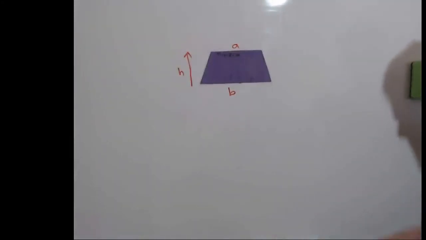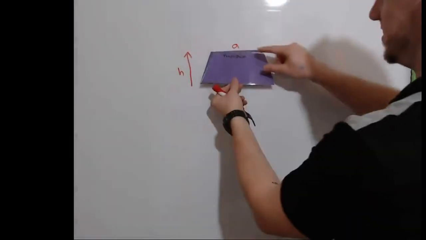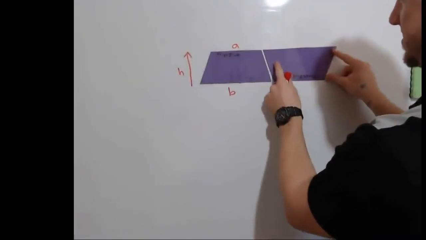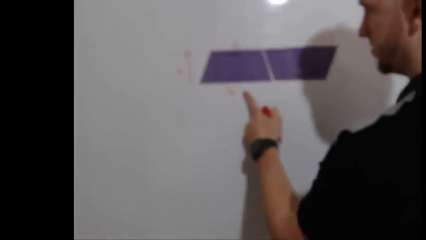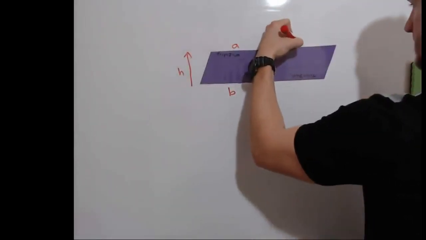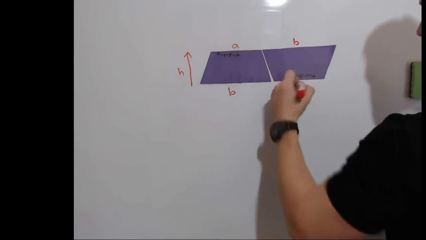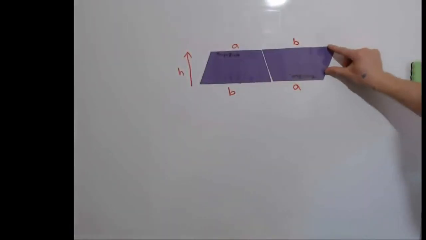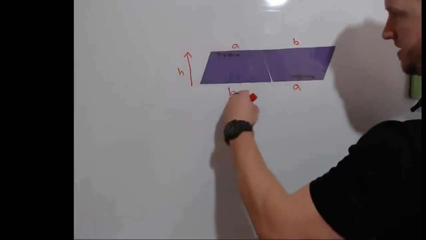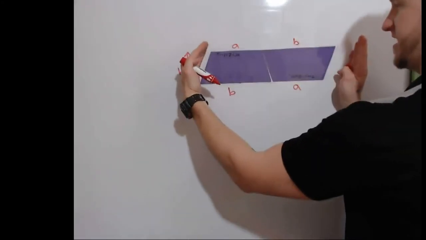So if I took a second identical trapezium and I rotate it and put it next to itself, if this side was B, I've flipped it, so now this side must be B, and this side is now A. The thing to note here is the shape that I've now created is two parallel sides. Now the slants are the same.